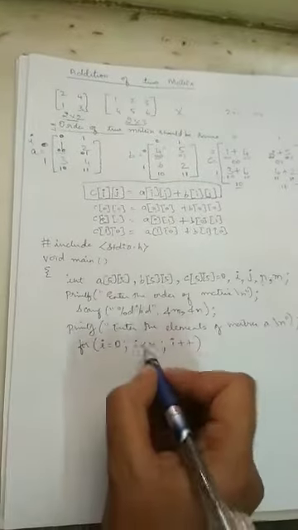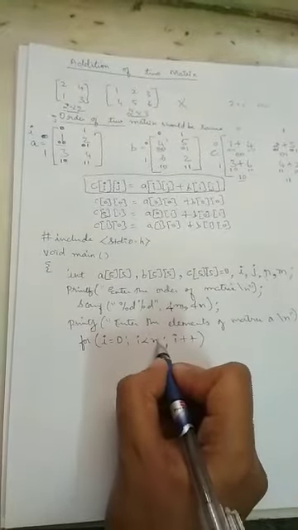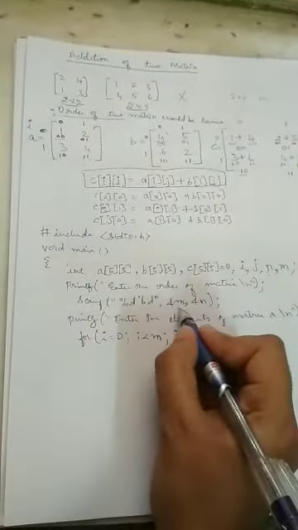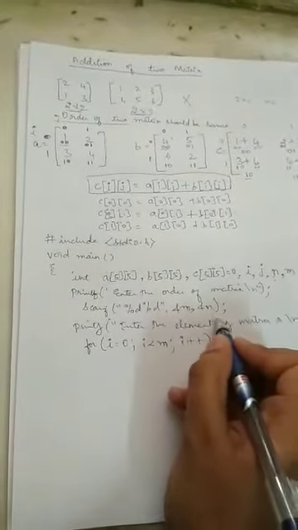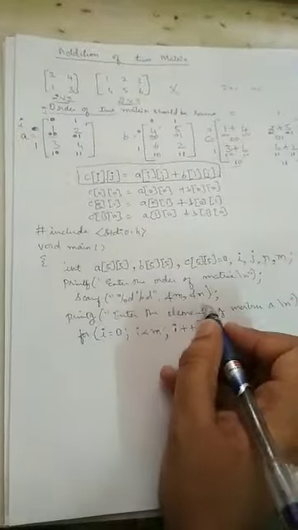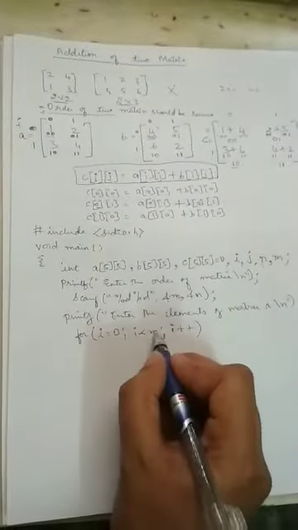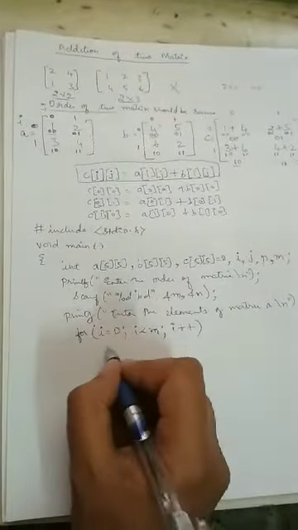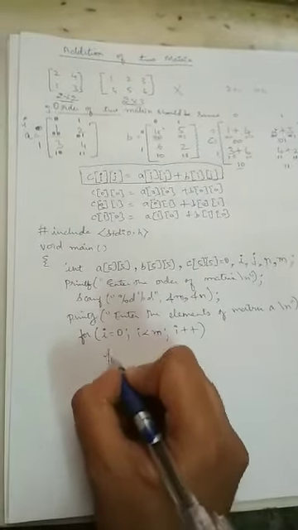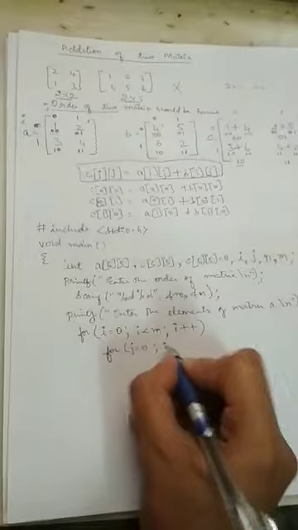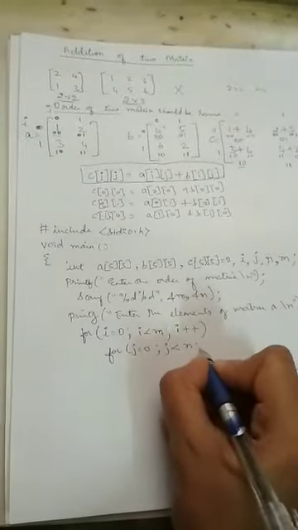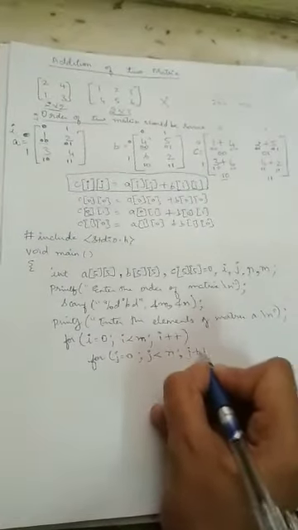So I generalized as m and n. For rows I am keeping my size as m, and for columns I am taking my size as n. For j is equal to 0, j is less than n, j plus plus.